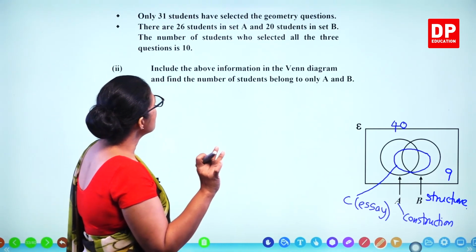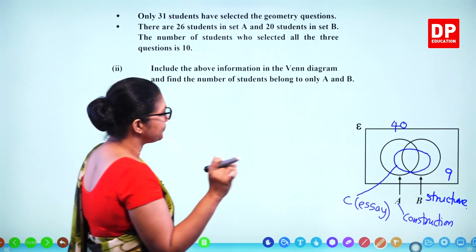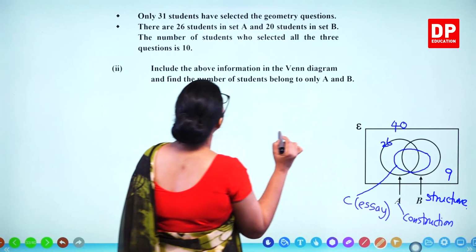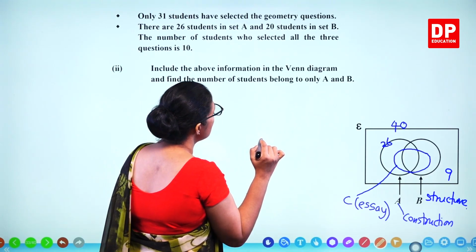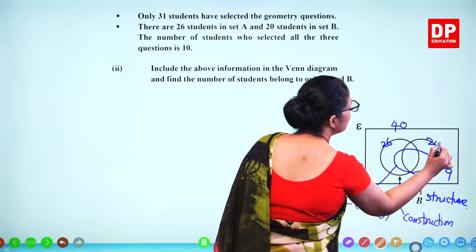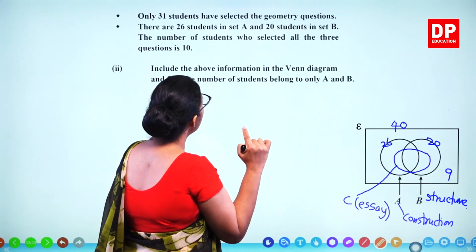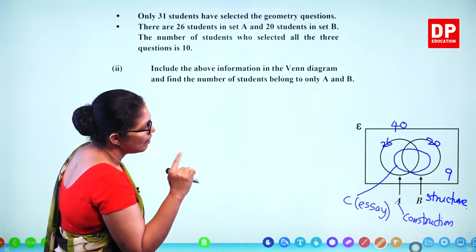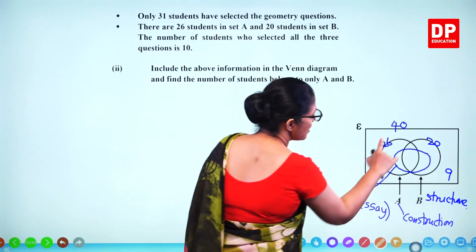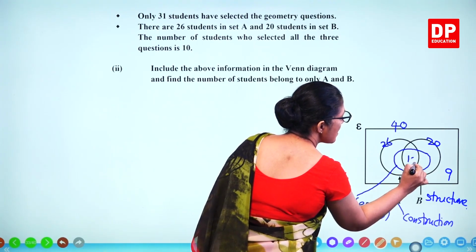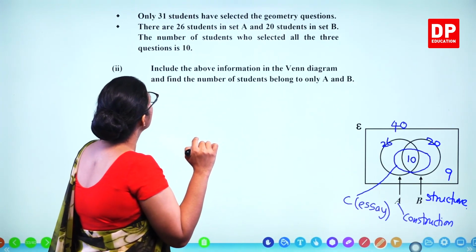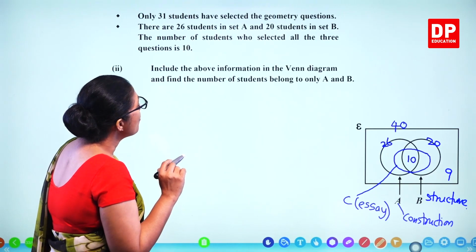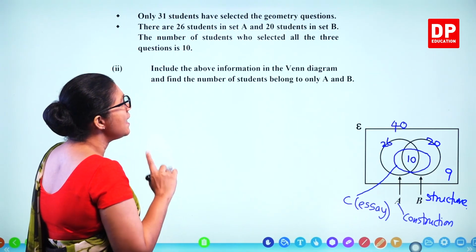There are 26 students in set A, and 20 students in set B. The number of students who selected all the 3 questions is 10. So here this part is 10. Include the above information in the Venn diagram and find the number of students belonging to only A and B.